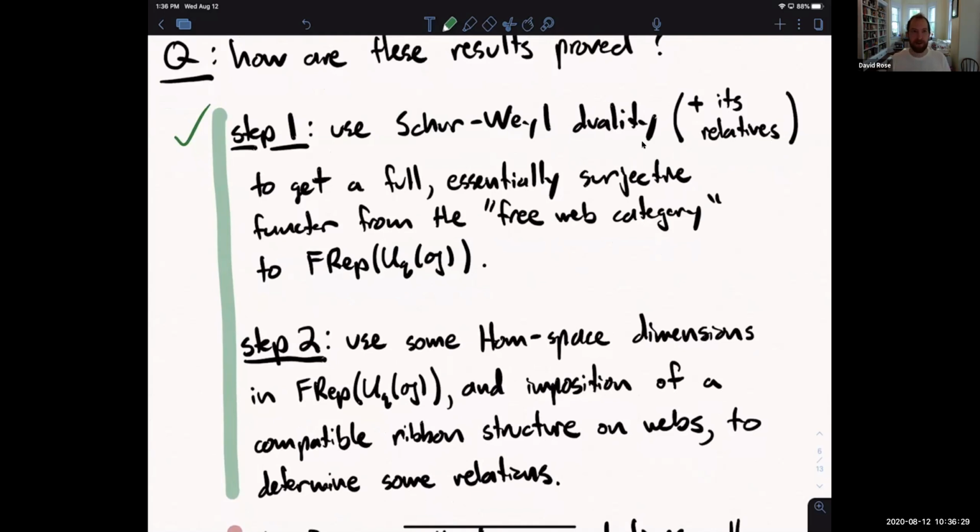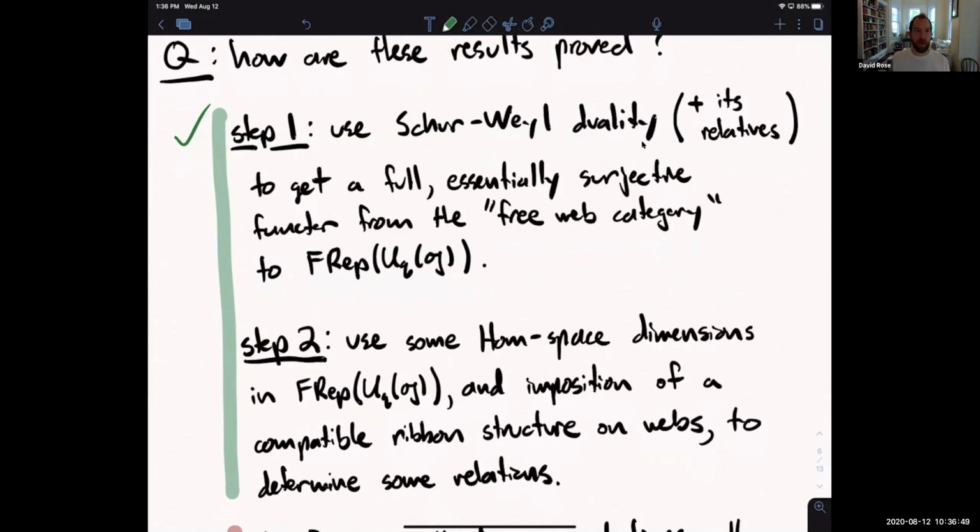Just take a few generators, tensor them together, maybe 1 or 2, and count dimensions, and see how many graphs, how many webs you can build out of your generators. That will in some cases tell you that you need to impose some number of relations between those graphs.